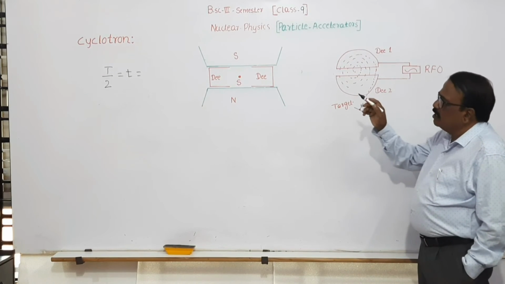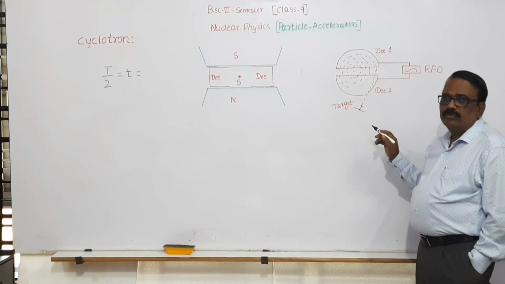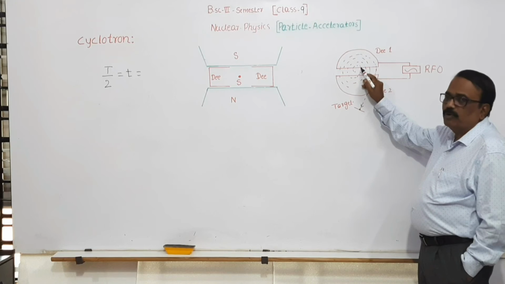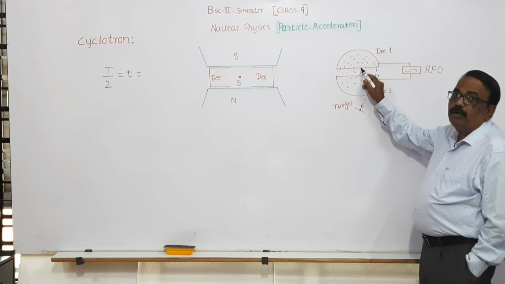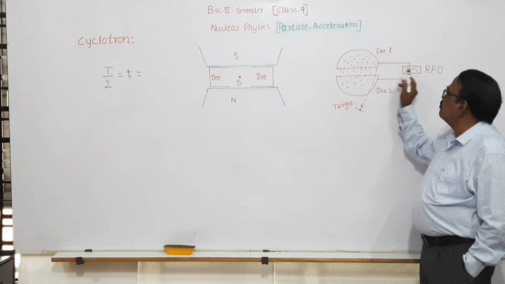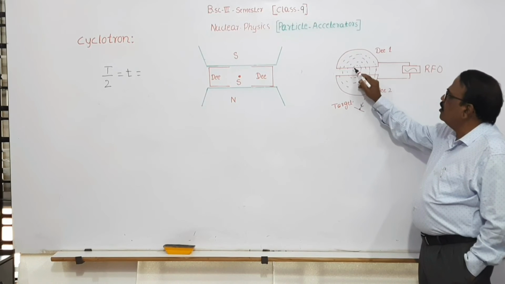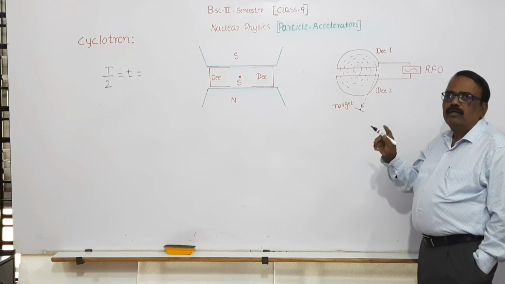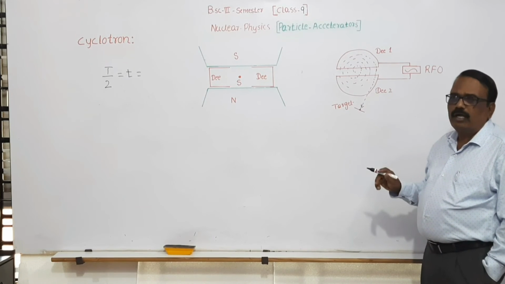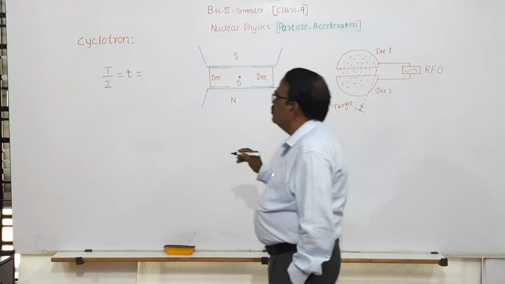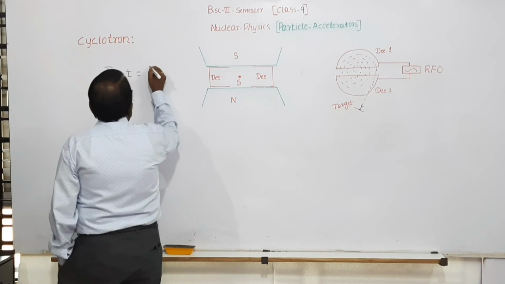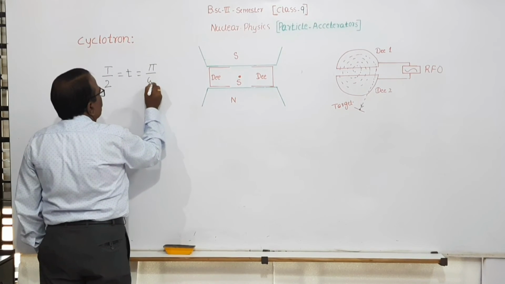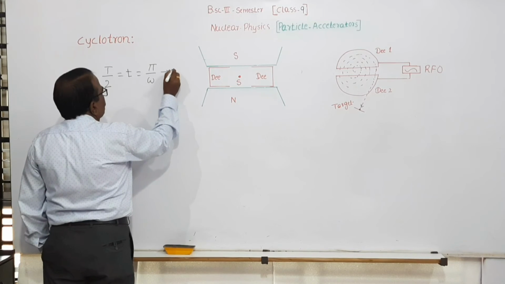That means within that T by 2, this ion should go from this point to this point. That is, the semi-periodic time of the applied potential difference should be equal to the time taken by the ion to describe the circular path, or in turning through an angle pi. Therefore, this is pi upon omega. Call this equation as 1.